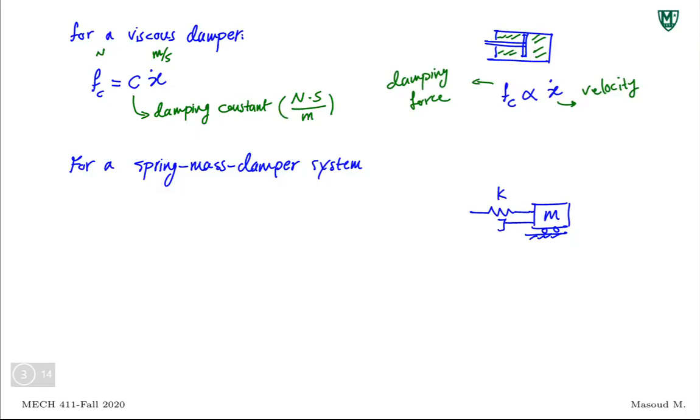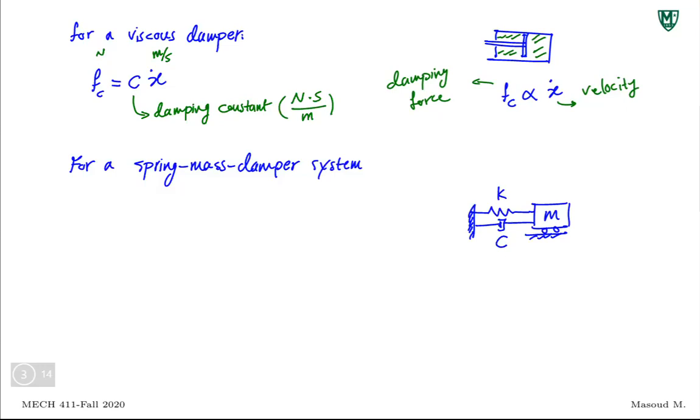So we represent the damper with an element like this, a symbolic version of that piston cylinder, and we use C to represent that damper. So now I have a system with a spring and a damper. I'll do what I did for a spring mass system. Let's study the motion of this and see where that takes us.